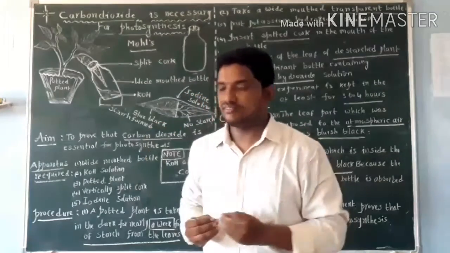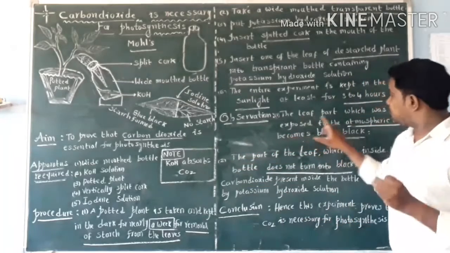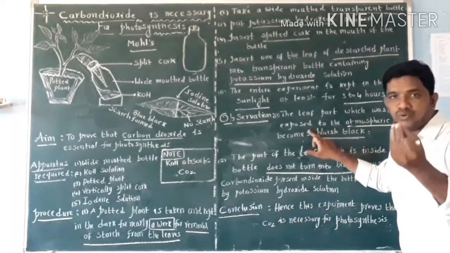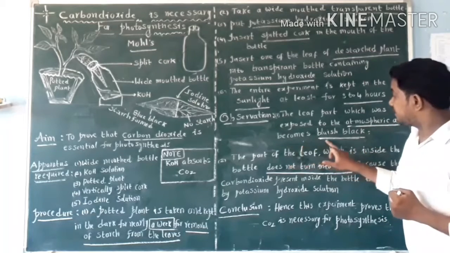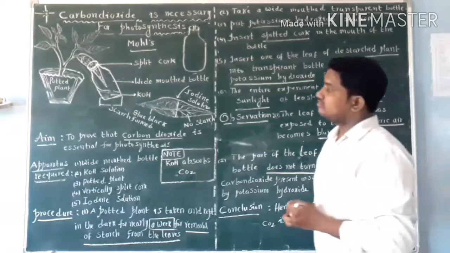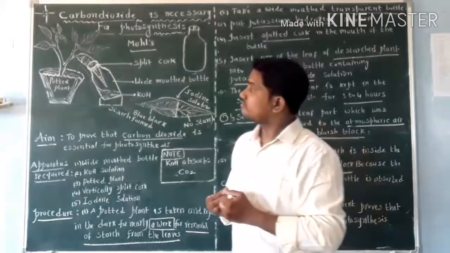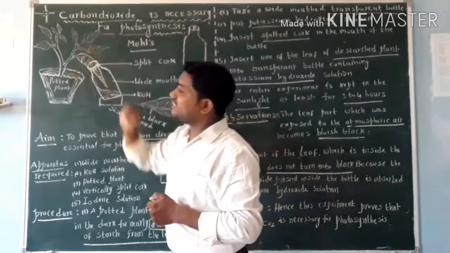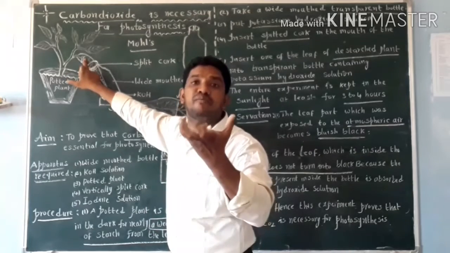Next, observation. The leaf part which was exposed to the atmospheric air becomes bluish black. The part of the leaf exposed to the sunlight prepares food material.